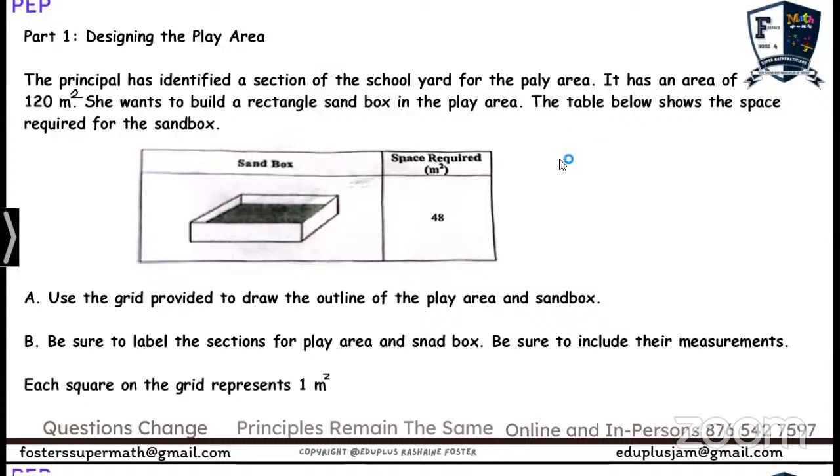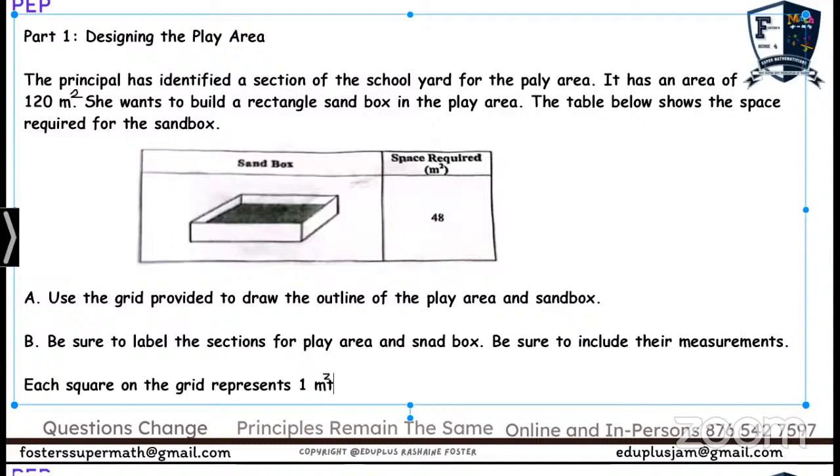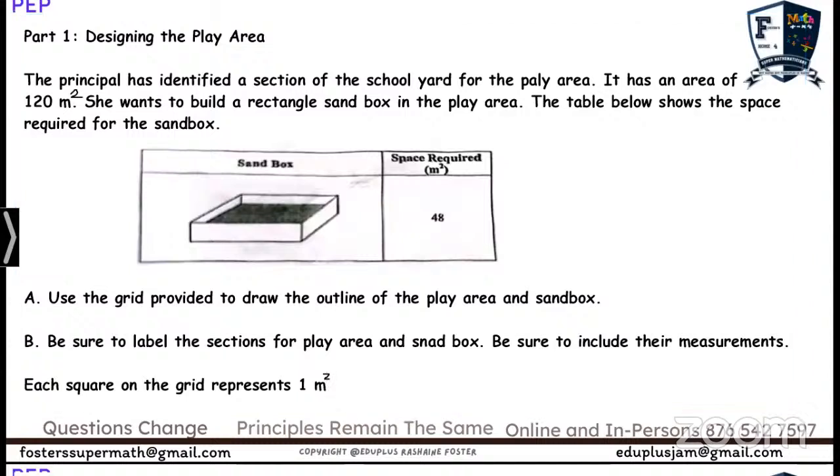All right, perfect. So everybody, please make sure you make a note of that. If you get any question talking about squared units, it means we're dealing with area. If you get any question dealing with area, then we are going to be doing length multiplied by width. So when you see the 120, what should come to mind?